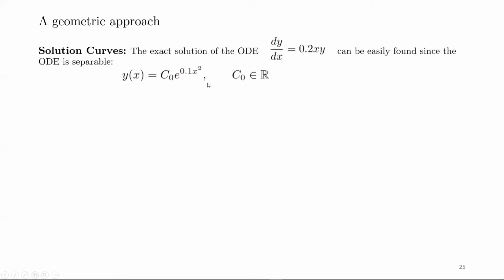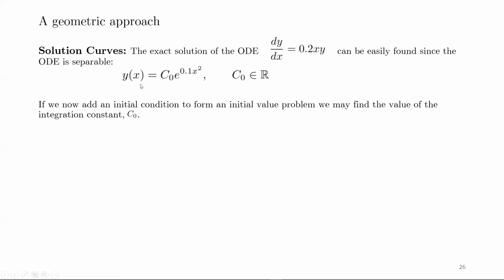Okay, so the solution to the ODE is given here. If we now add in an initial condition to form an initial value problem, then we can find the value of that integration constant C naught, right?